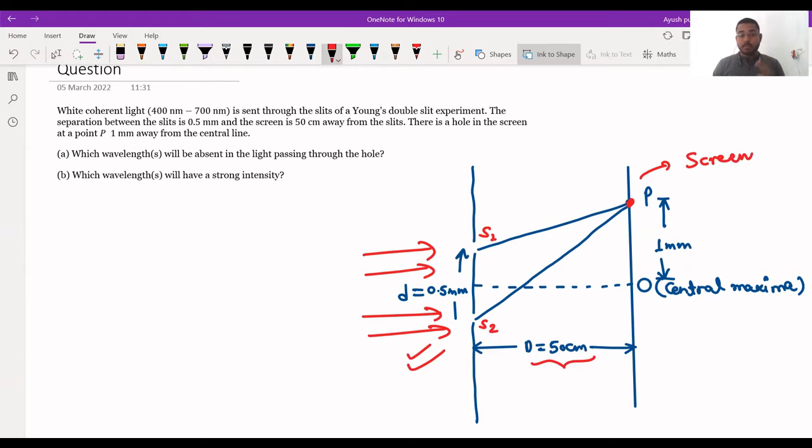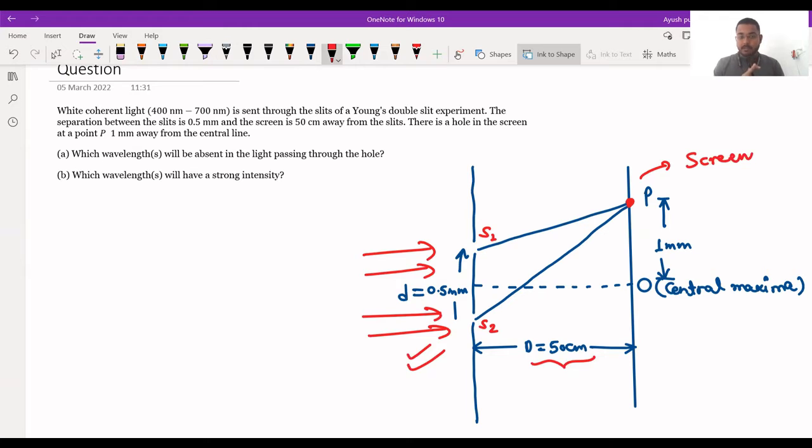So in this question there are two parts. In the first part, what is asked? It is asked which wavelength will be absent in the light passing through the hole. When the light comes at this point, they will interfere. So which light will be absent?